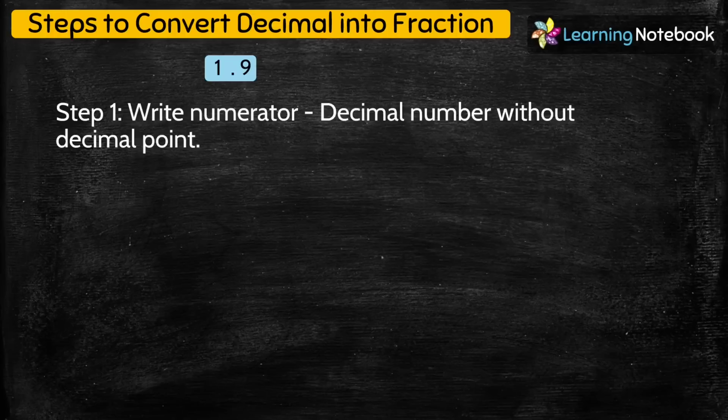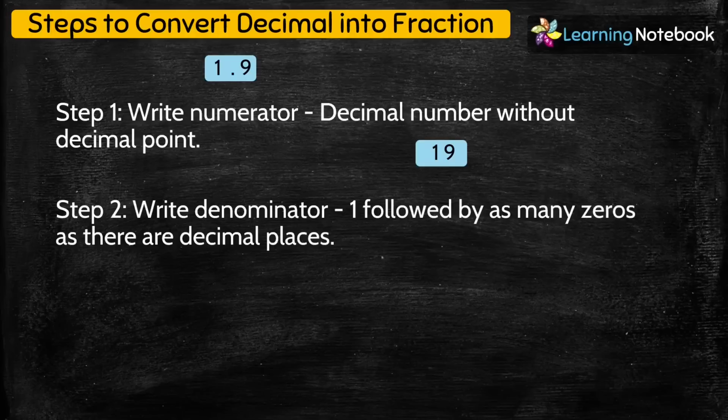we will write the numerator of the fraction, which is the given decimal number without decimal point. So numerator of this fraction would be 19. In step 2, we will write the denominator of the fraction, which is 1 followed by as many zeros as there are decimal places in the given decimal number.